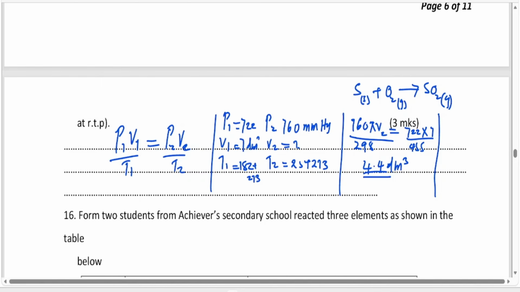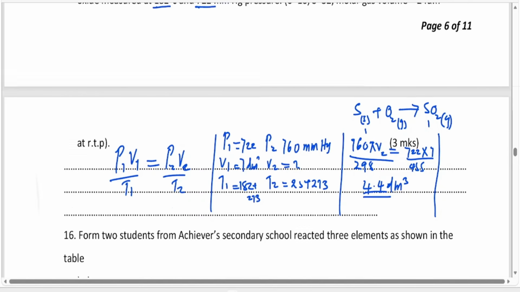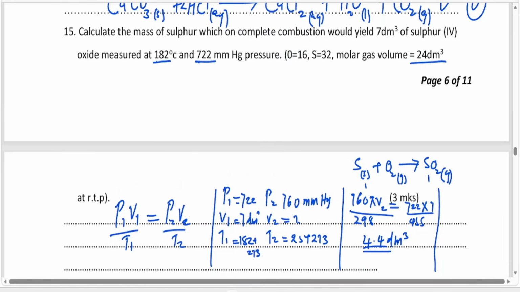So using the volume that we have determined for sulfur oxide at RTP, we can determine the moles of sulfur that was used. If it is 1:1, then I will first determine the moles of sulfur oxide using the molar gas volume, which is 24 liters, and this is always maintained for 1 mole.